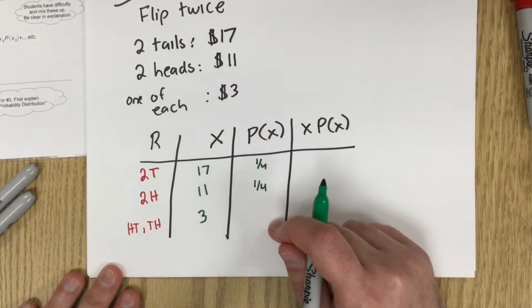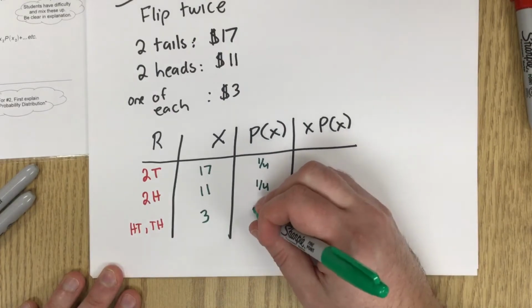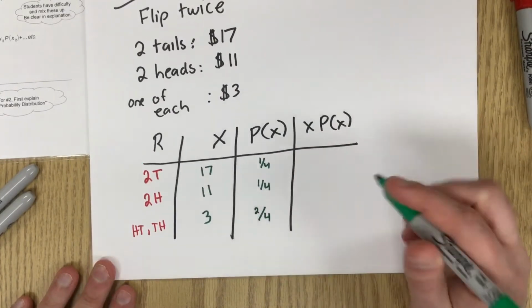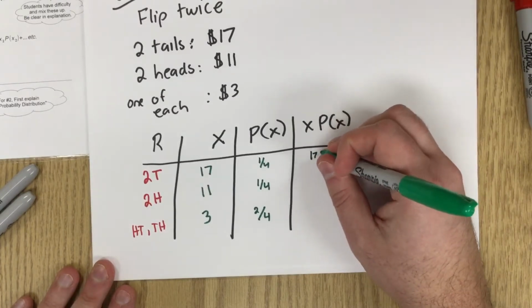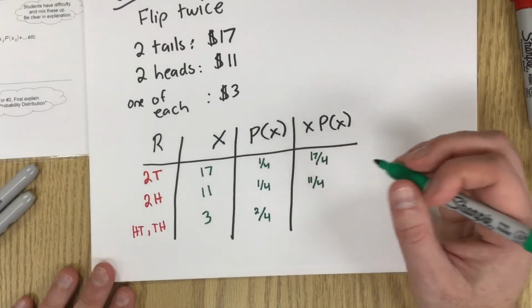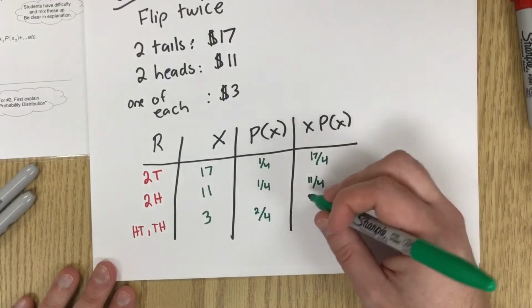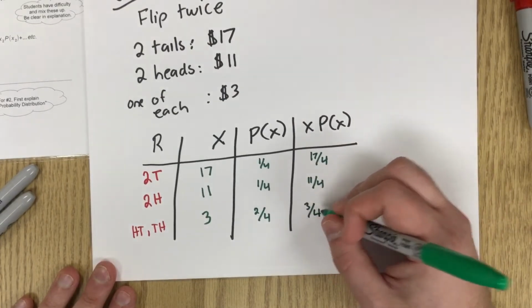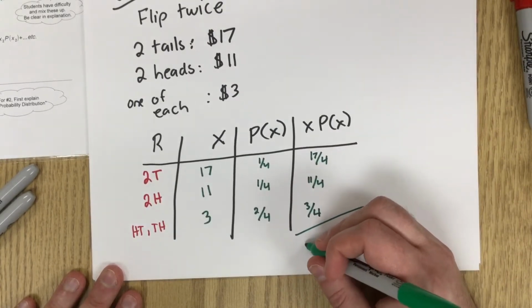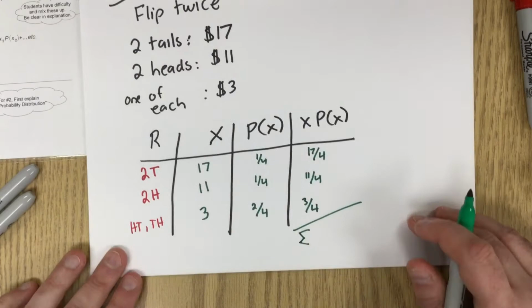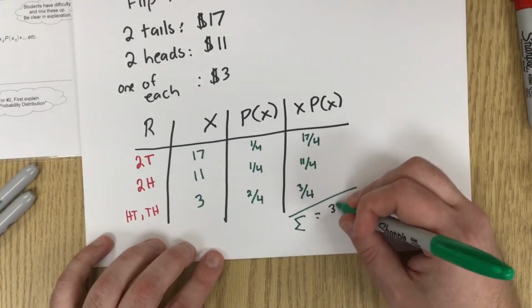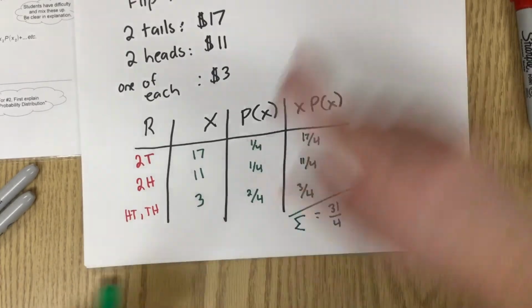It's often useful to keep the probabilities in fractions, but you don't have to. You could always turn them into decimals. So this is going to become 17 over 4, 11 over 4, and 3 over 4, which, when we add them up, is going to be 31 over 4.